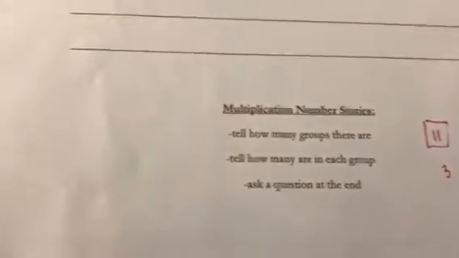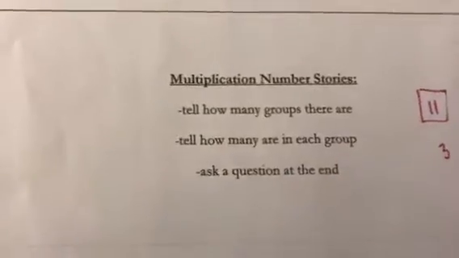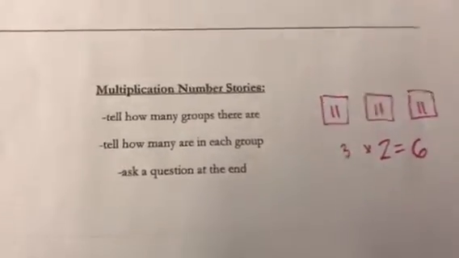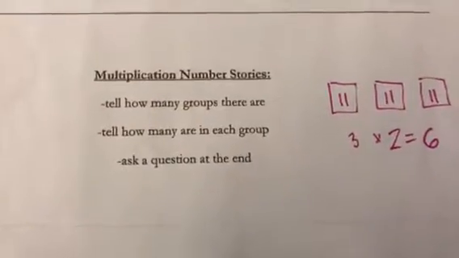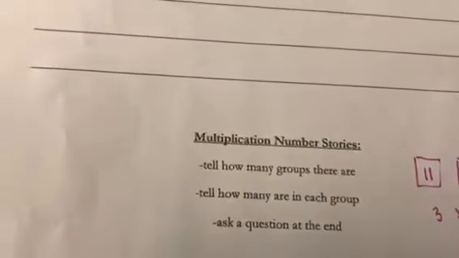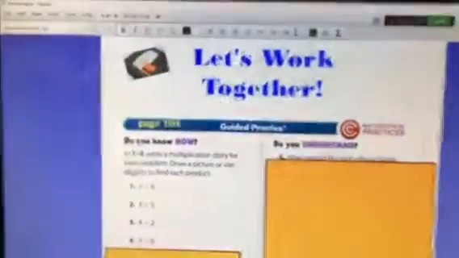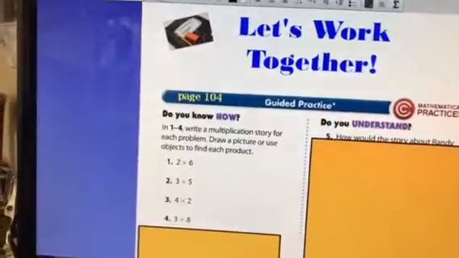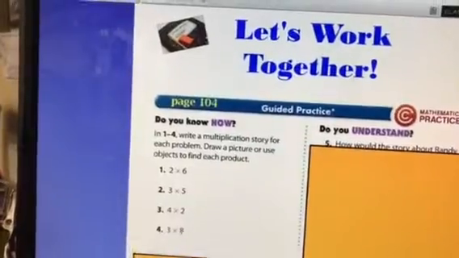So what we're doing is taking these elements and putting them together so that we can create our own number stories so that when we go to solve another number story, it'll be a little bit easier for us. One of the things we're going to work on tomorrow, we're going to work on guided practice, which is usually just the problems that we do together.